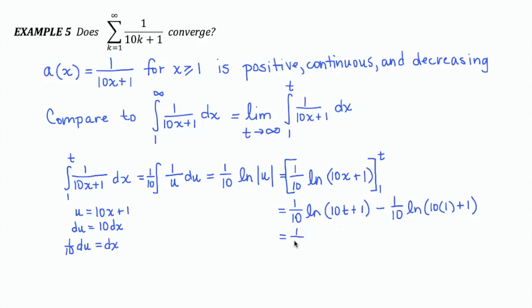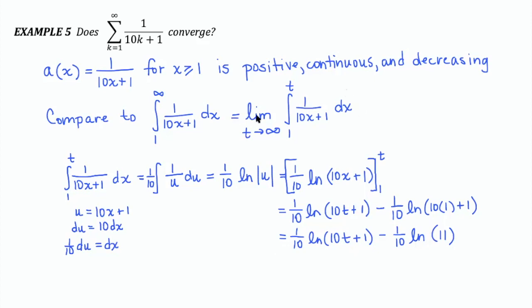So I have 1/10 natural log of 10t plus 1 minus 1/10 natural log of the number 11. That's as simplified as I can make this unless I employ some log properties here.